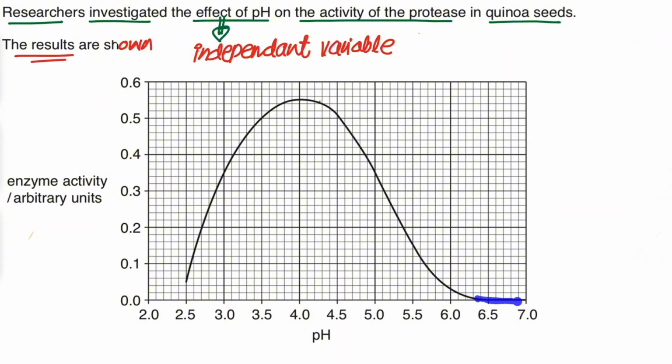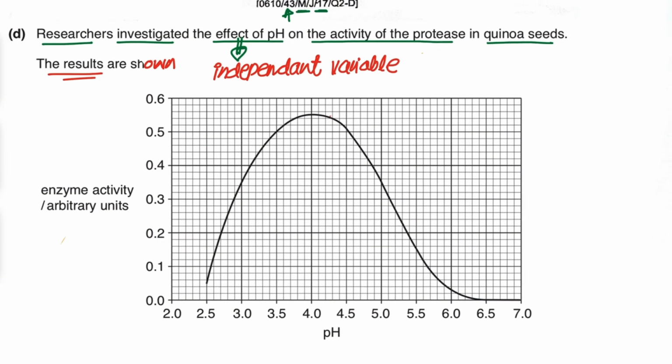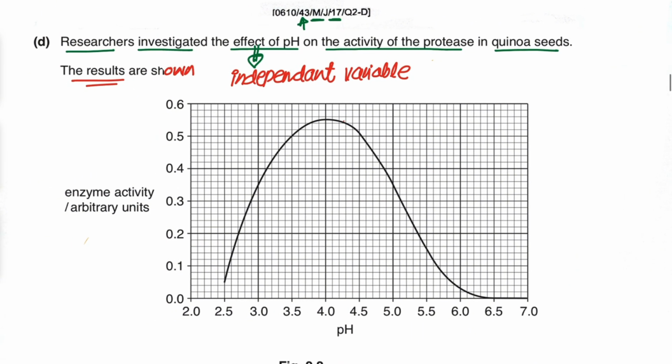This means that at such a high pH the enzyme has denatured. The enzyme is more active between pH 2.5 and pH 4, because the gradient of the graph is increasing. At pH 4 the enzyme exhibits a maximum catalytic activity of 0.55, so the optimum pH is 4.